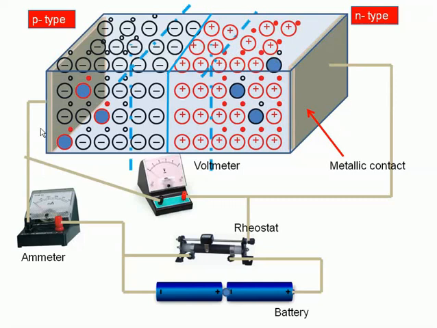And similarly, this metallic contact is the negative one, connected with the negative terminal of the battery this way, and this negative electrode will give the force to these electrons to cross the junction, right, this way.